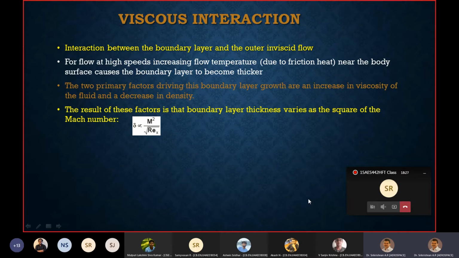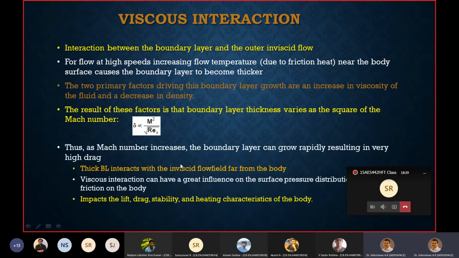So a relation between the three is that boundary layer thickness is proportional to M squared by square root of Re. Again, there is a strong dependence, that is delta being proportional to M squared indicates the strong coupling between the boundary layer thickness and the Mach number.